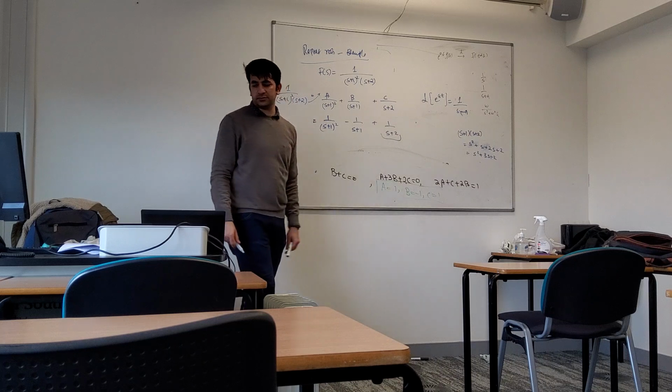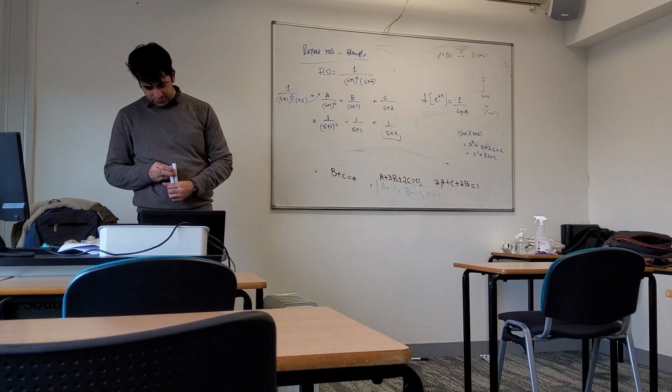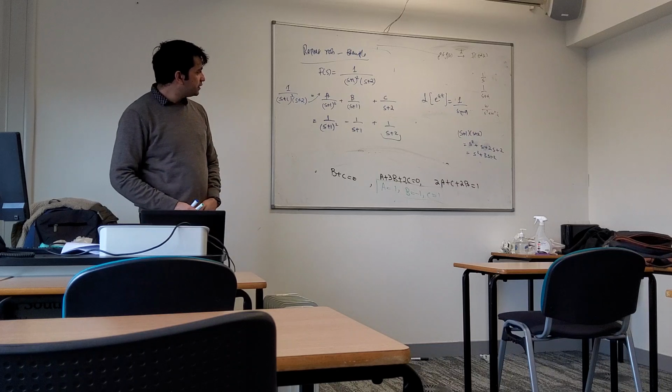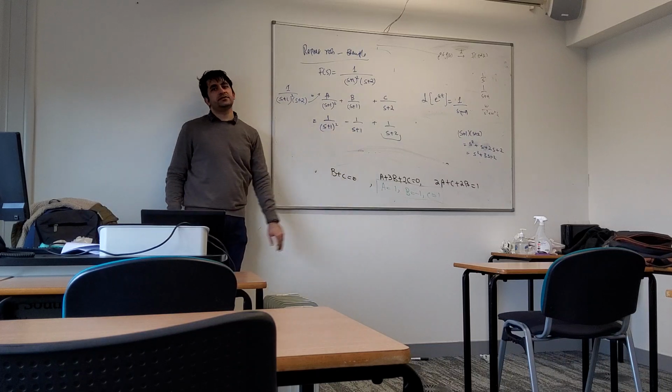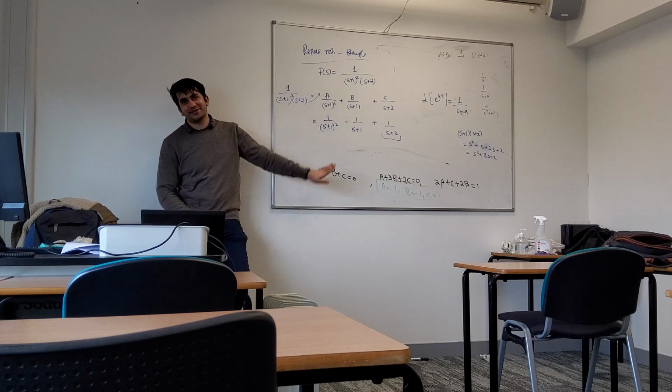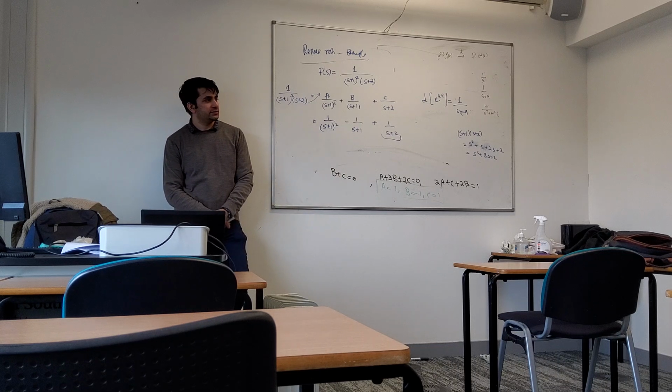So just e to the minus 2t. Yes, for this part? Minus e to the minus t. Yes. What is for this part? Times t. Yes, times t. What times t? t e to the minus t.